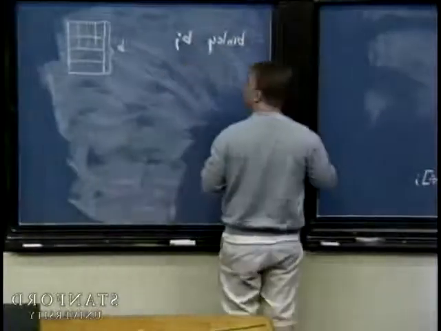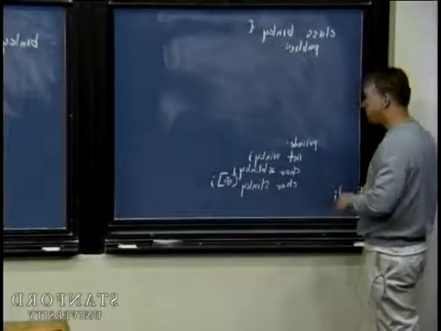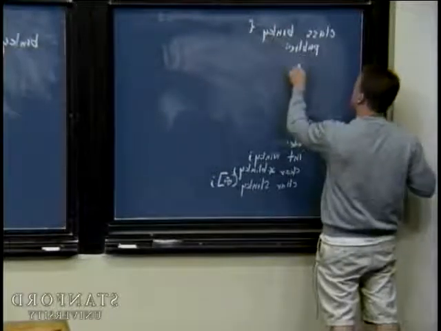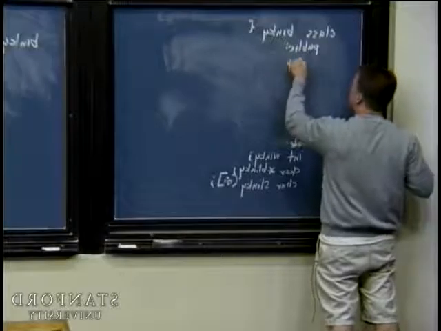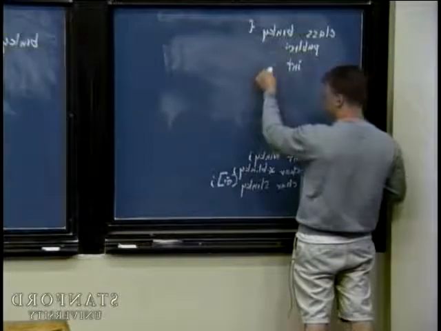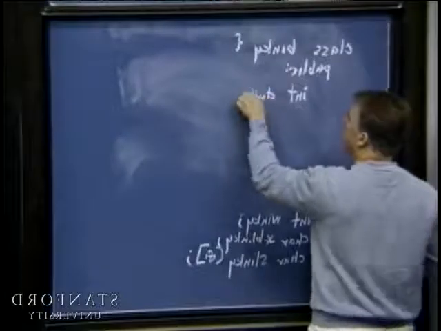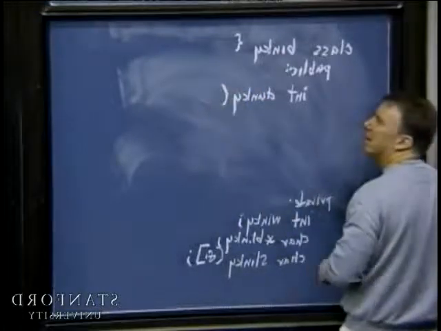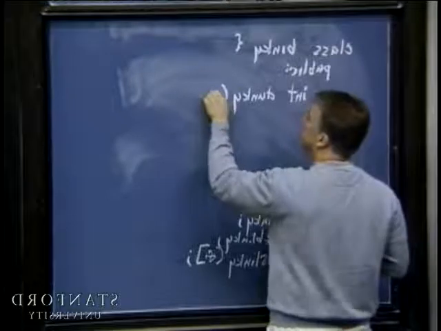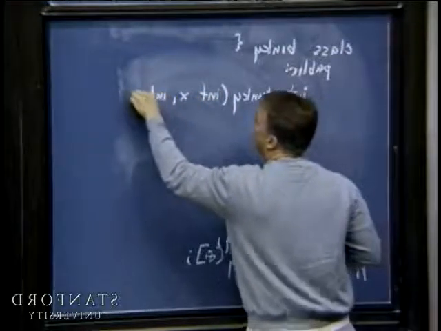When you do something like this, forget about constructors, let's just invent a method right here. Let's just assume that I have this method, int, and some other thing, donkey, where I pass in, let's say just an int is fine, x, and an int y.